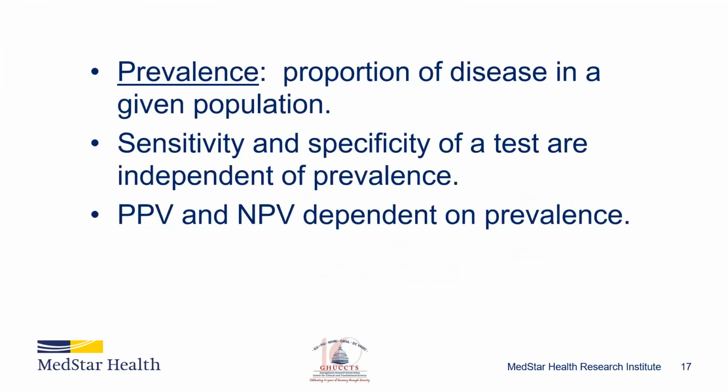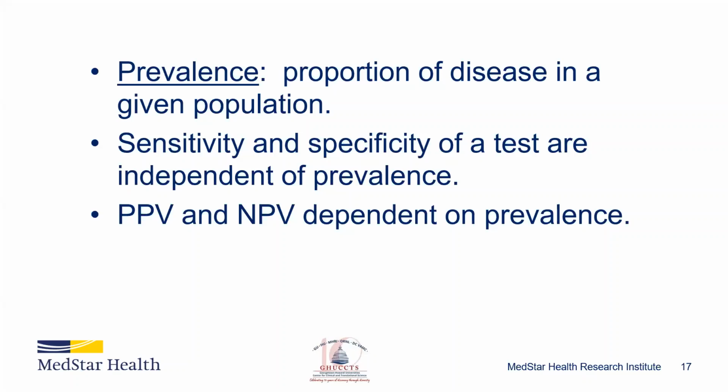I'll use an example here to illustrate this, but one of the other important numbers that we would hope to have is the prevalence, or the proportion of a disease that's in a given population. Sensitivity and specificity of a test are independent of prevalence.